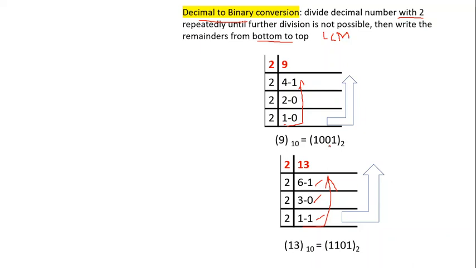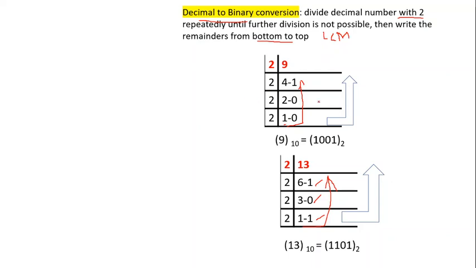Ones place, tens place, hundreds place, thousands place, and so on. That means 10 power 0 is 1, 10 power 1 is 10, 10 power 2 is 100, 10 power 3 is 1000. Like that we are increasing the powers of 10, starting from 10 power 0 to 10 power n minus 1.